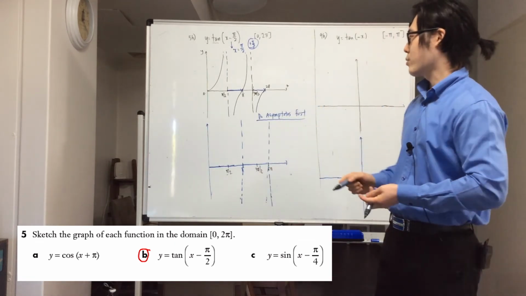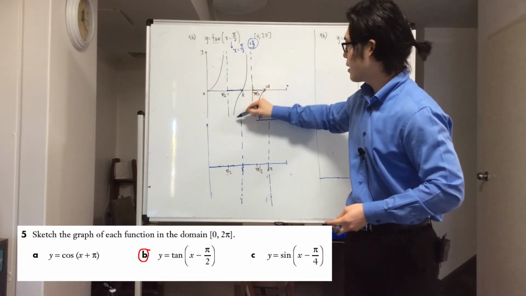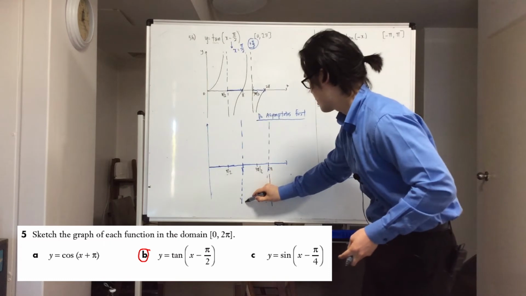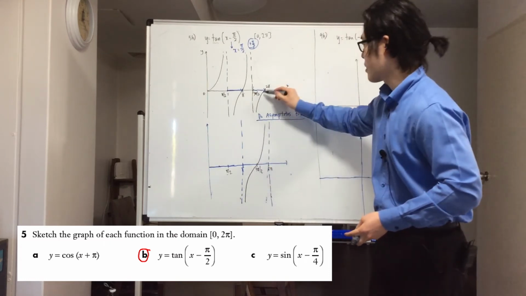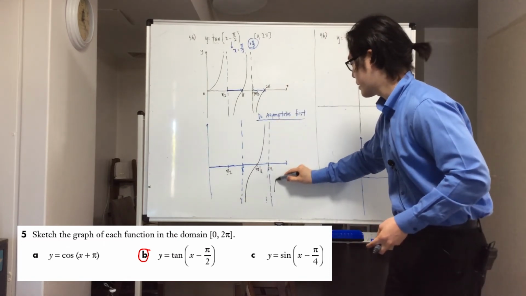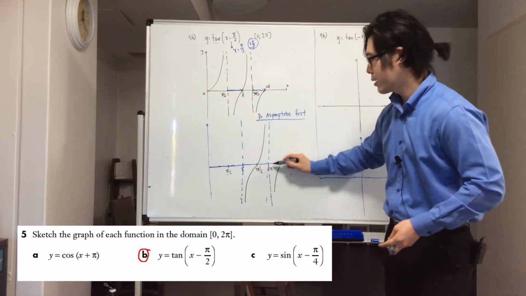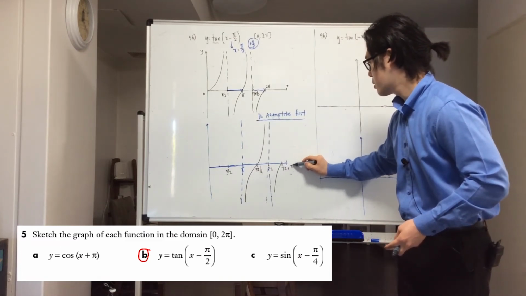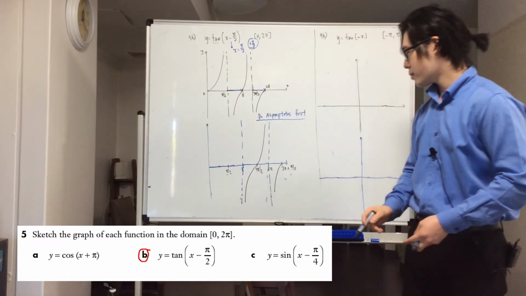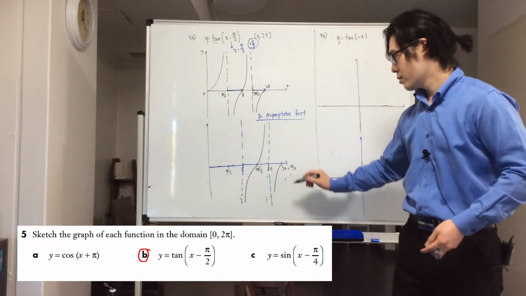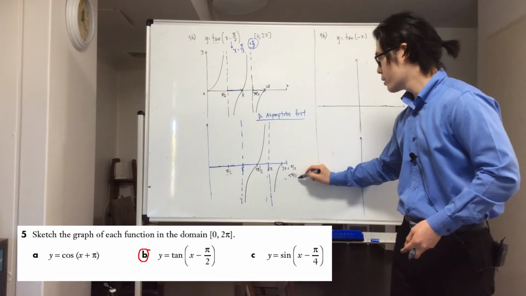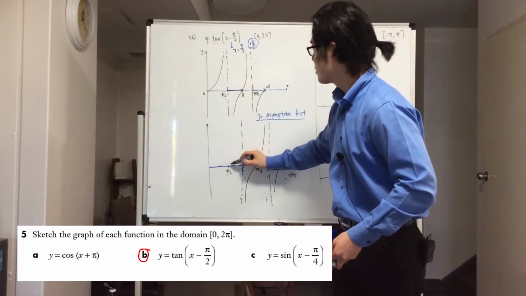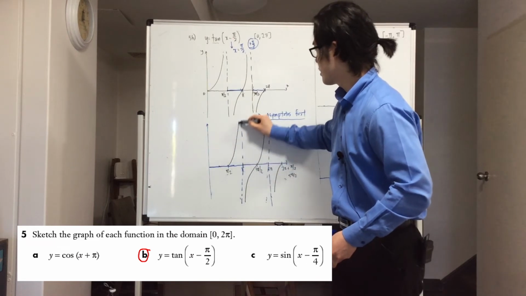Now let's start doing the graph. So let's start with the center. That bit is obviously now going to be in here. That bit is now obviously going to be here, where that point is 2 pi plus pi over 2, which is 5 pi over 2. And then obviously you've got this bit, which is now here.